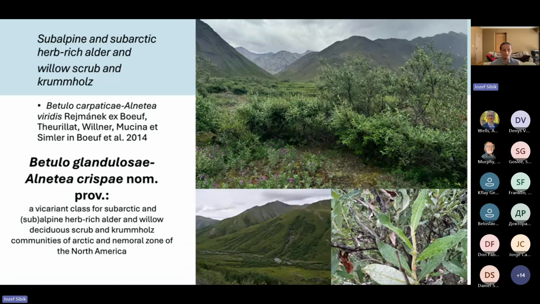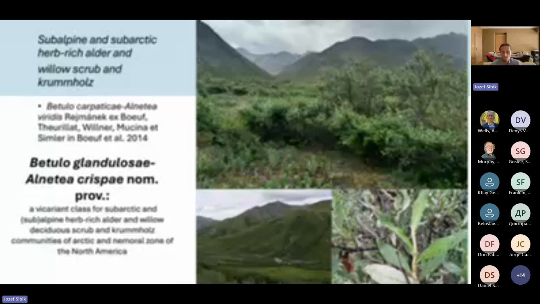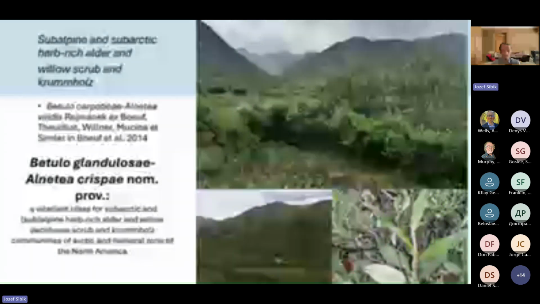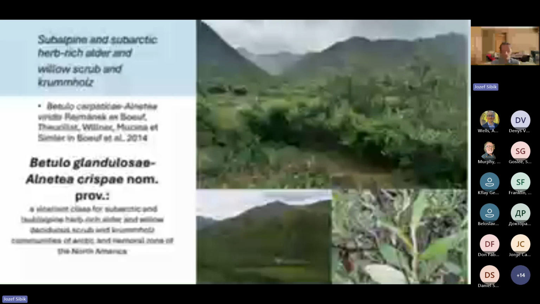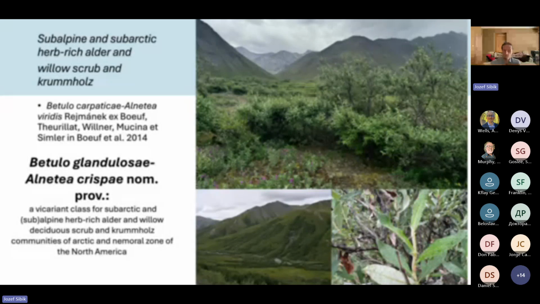Let's look at this a little bit closer. So here we have subalpine and subarctic herb-rich alder and willow scrub and krummholz, dominated by Salix and alder species. And usually in our recent papers, we classify them as Betulo carpaticae-Alnetea viridis, which is a unit for similar vegetation types from Europe.